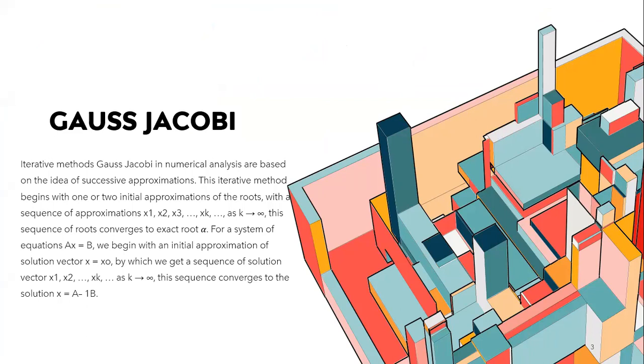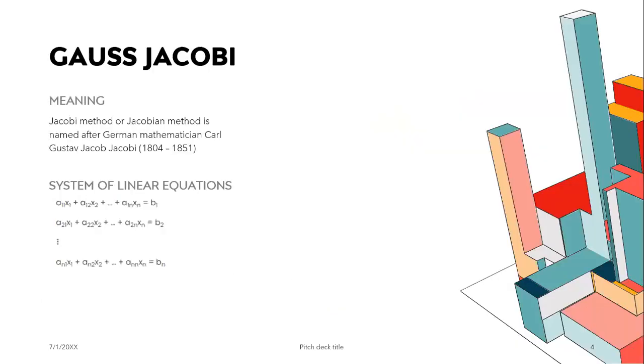This sequence of roots converges to the exact root A for systems of equations Ax = b. We begin with an initial approximation of the solution vector x = x0, by which we get a sequence of solution vectors x1 and so on. This sequence converges to the solution x = A^-1 b.